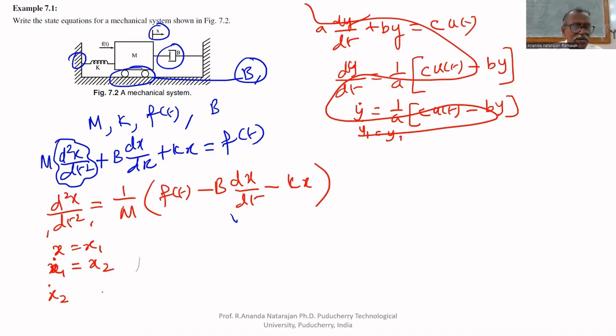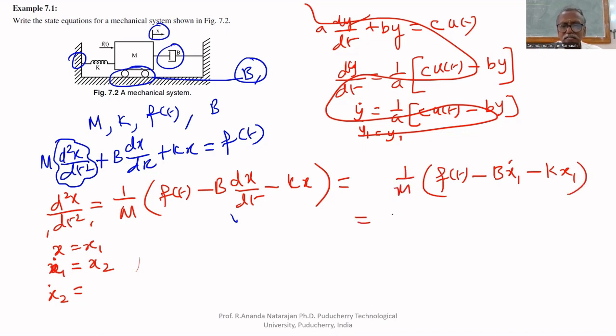Another differential equation I am writing, x2 dot equal to x3. Whether I have to write? No, because x2 dot we already know. We will replace this x by x1, kx1 minus b, where dx by dt is x1 dot, plus f of t, multiplied by 1 by m.